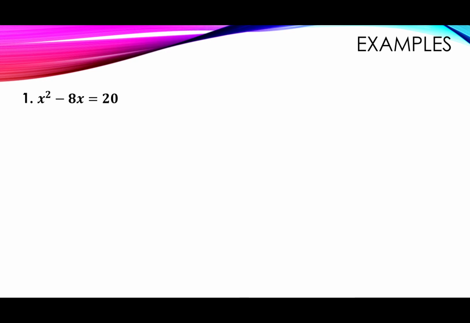First problem I have is x squared minus 8x equals 20. The first thing I need to do is that it must be in ax squared plus bx plus c form. Okay, and so that means I need to subtract 20 on both sides.